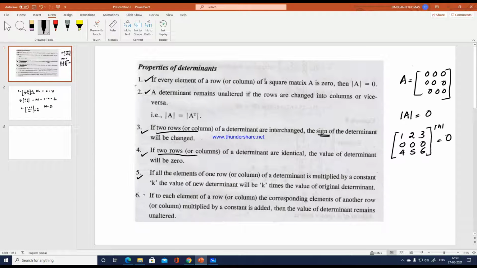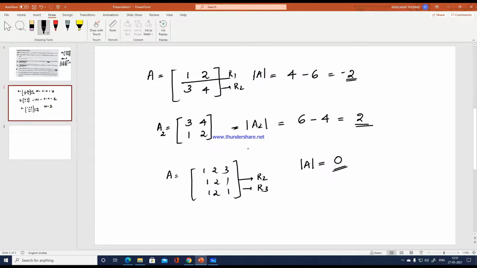Now we have property number 5, which states that if all the elements of one row or column of a determinant are multiplied by a constant k, the value of the new determinant will be k times the value of the original determinant. Let's take an example of this matrix.